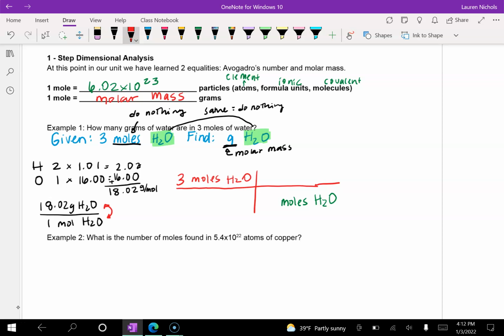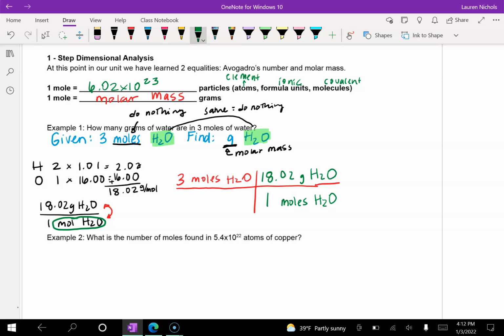And since I only need molar mass, not Avogadro's number, and the way we had written it already has moles of water in the denominator, I can write it just like that with 1 mole of H2O at the bottom and 18.02 grams of H2O at the top.